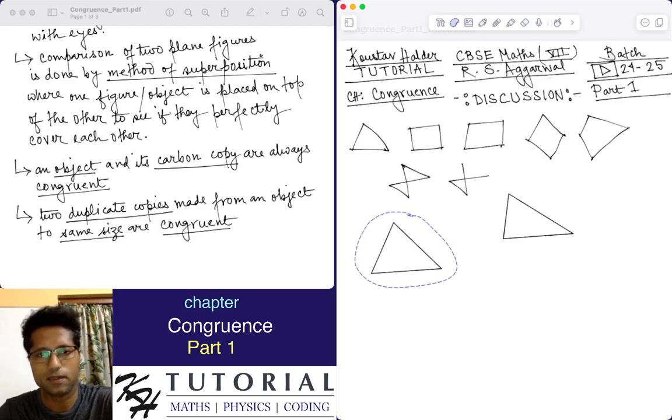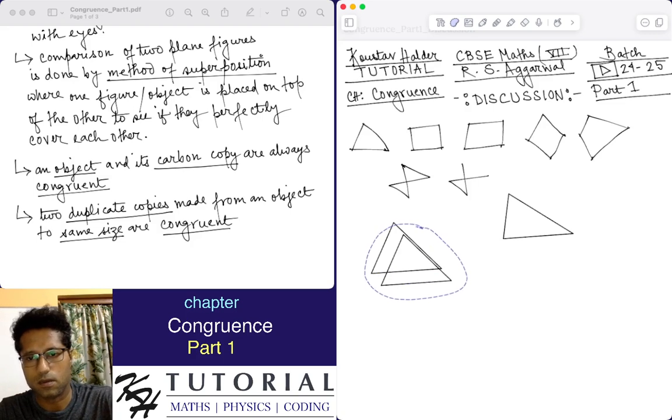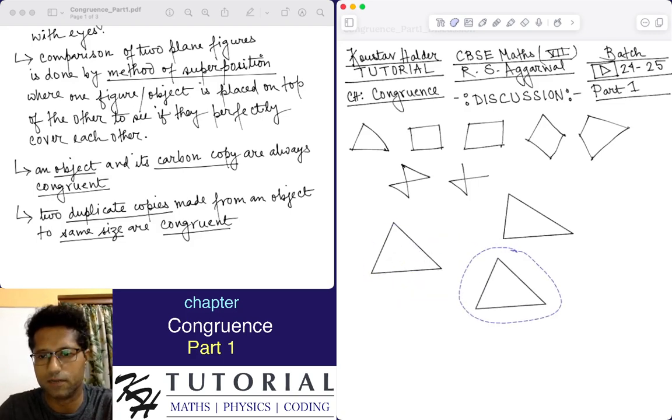Now I will create two duplicate copies of this object. So let's say I created one duplicate. This was the first duplicate I created. Now let's say I will create another duplicate.